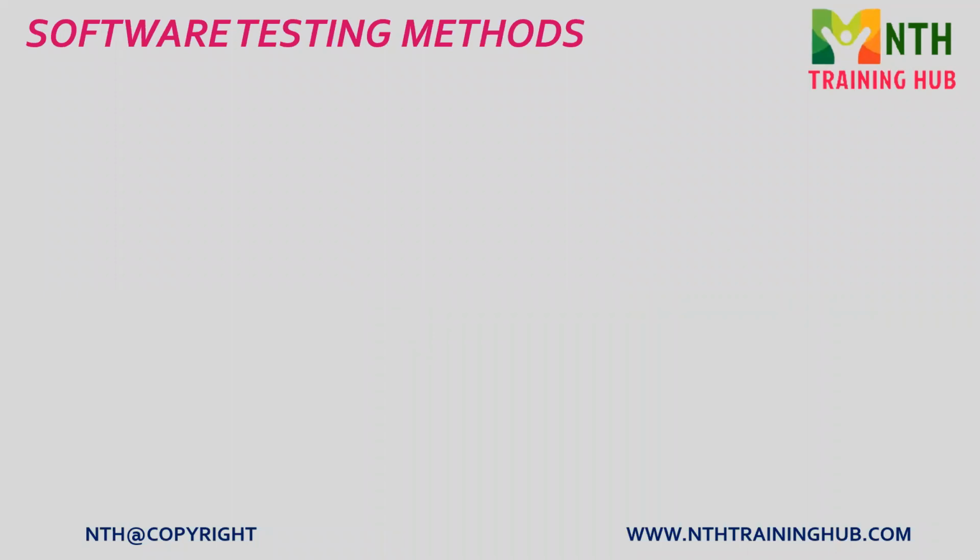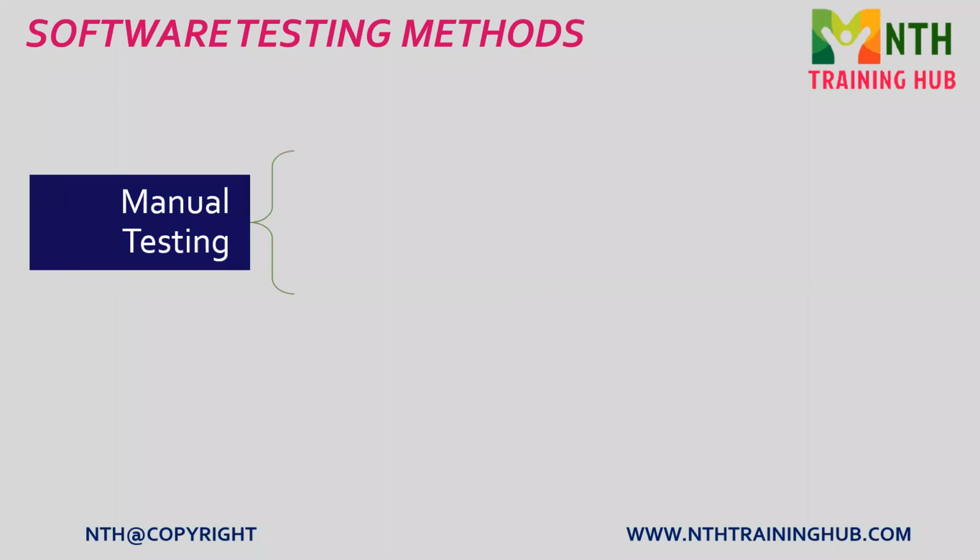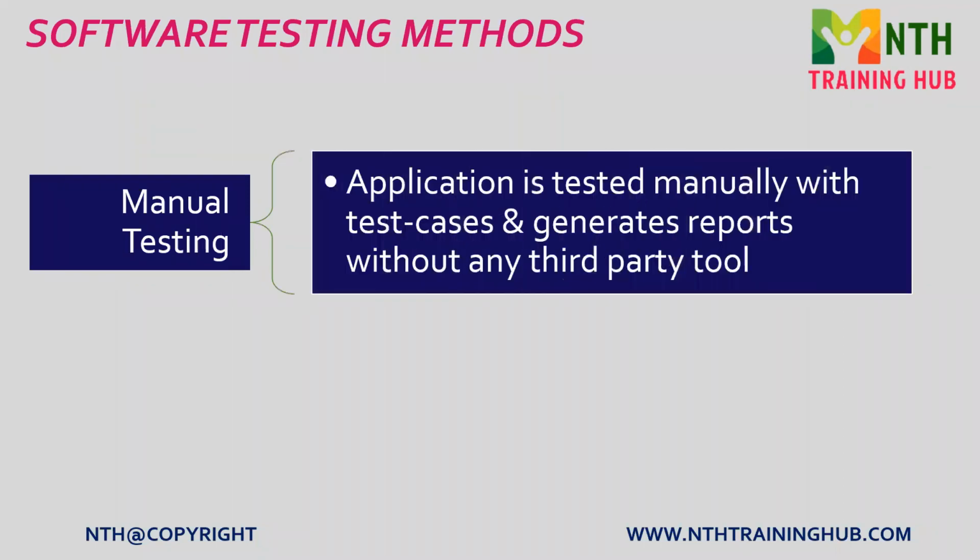Now, there are two types of methods we follow in order to test whether the software is working properly or not. As I already told you, manual testing and automation testing. What happens in manual testing basically? Manual is nothing but human intervention. Human existence is required.